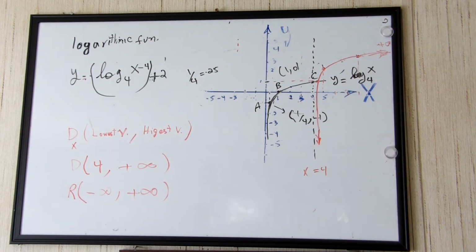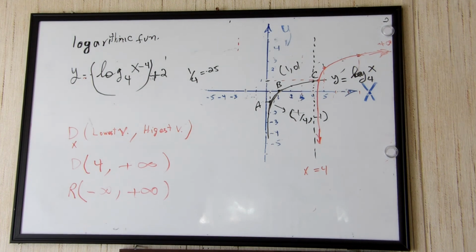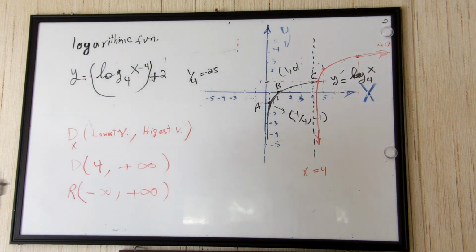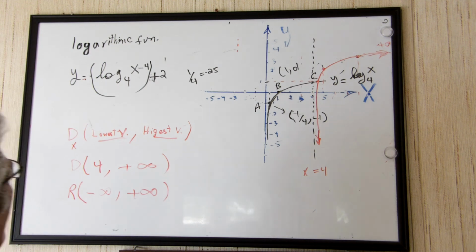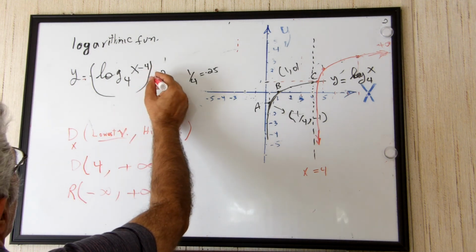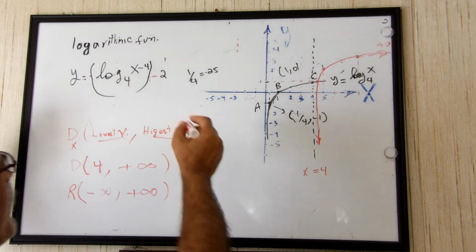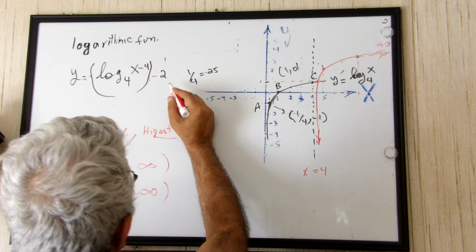So these are the things that you remember, lowest value and highest value. If this one was minus 2, what about if this one was minus 2? Okay? All the y values we subtracted is going to be minus 2 then.